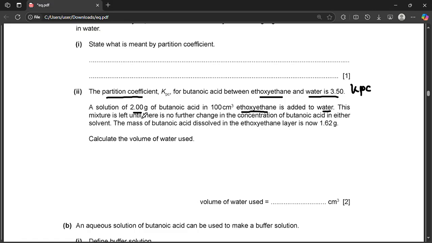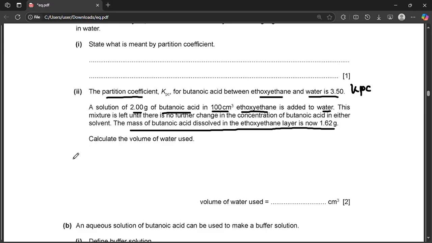The mixture is left until no further change in the concentration of butanoic acid in either solvent. The mass of butanoic acid dissolved in the ethoxyethane layer is 1.62 grams. So here they actually gave us the mass dissolved in the organic solvent.